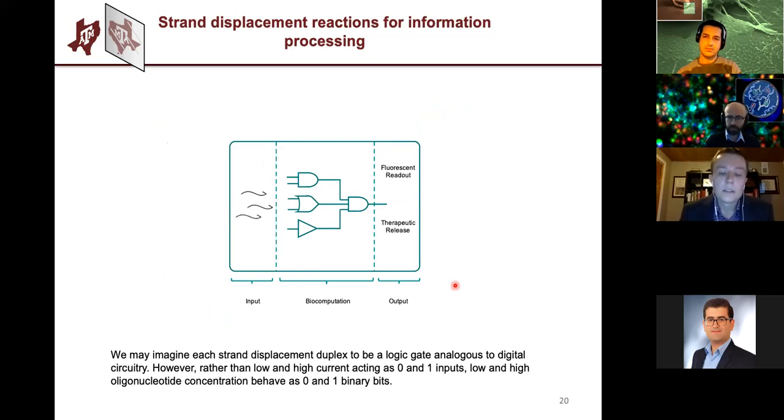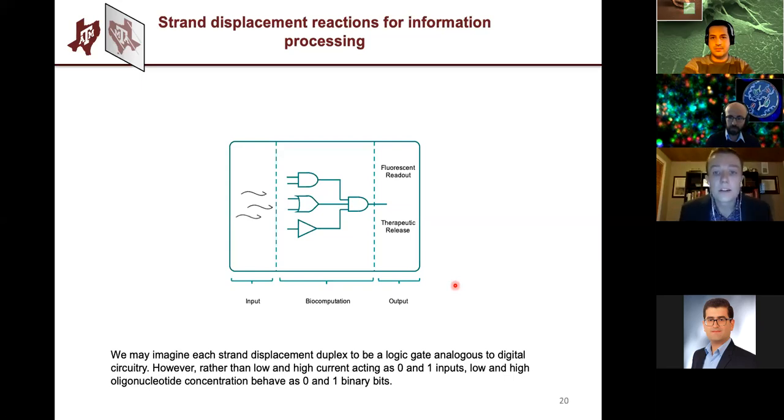And instead of having a high or low current be your 0-1 input or output, it's the high or low concentration of an oligonucleotide species that act as your 0-1 binary bits.